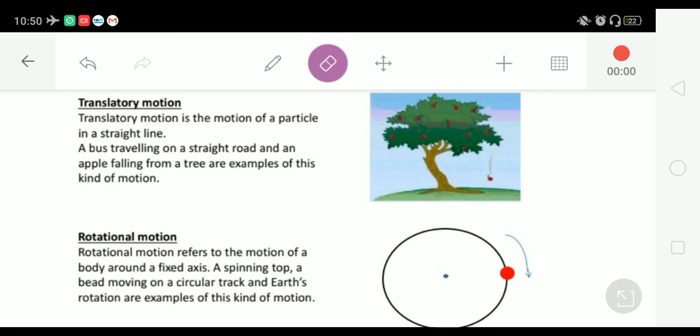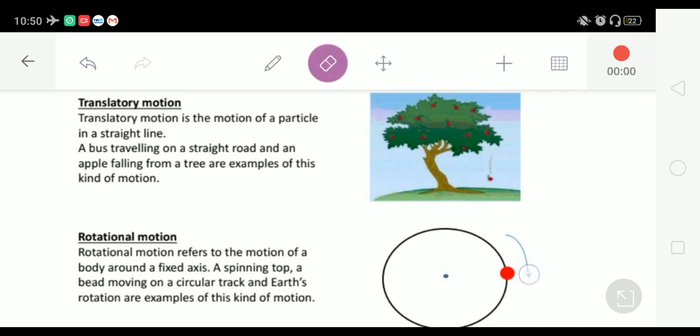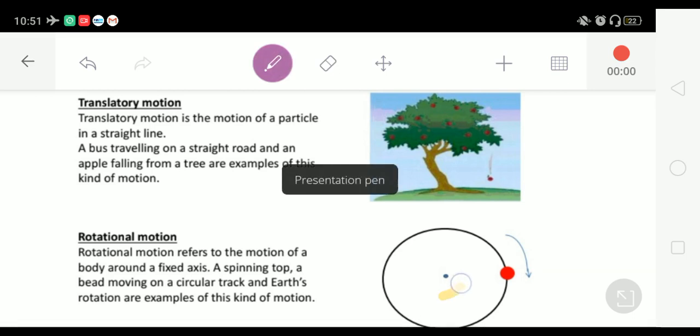Now next is rotational motion. What is rotational motion? When we fix a particular object in such a way that it rotates around a fixed point. Where is the fixed point in this particular figure? We can see that center point is fixed.